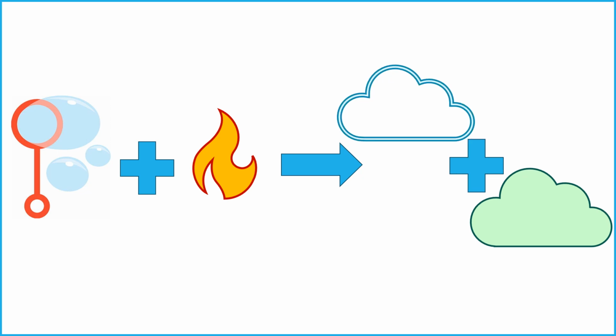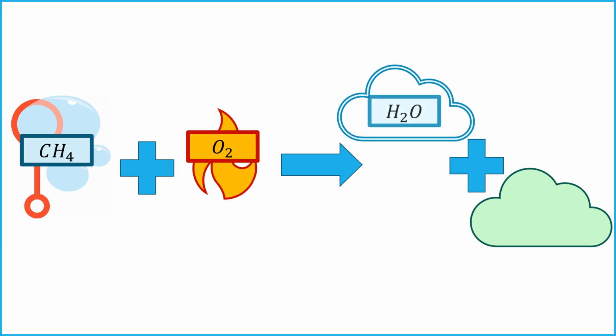If we look at the chemistry of what is happening here, like we did with the last example, we started off with propane bubbles, which is written as CH4, and fire, which, as we said, is really hot oxygen, or O2. Then we ended up with water vapor, or H2O, and carbon dioxide gas, written as CO2.